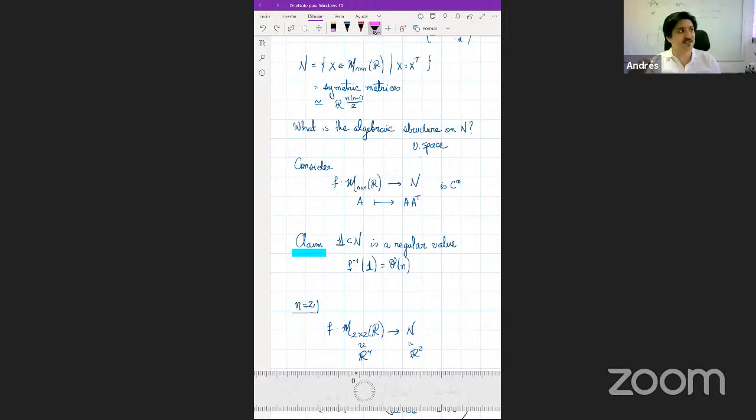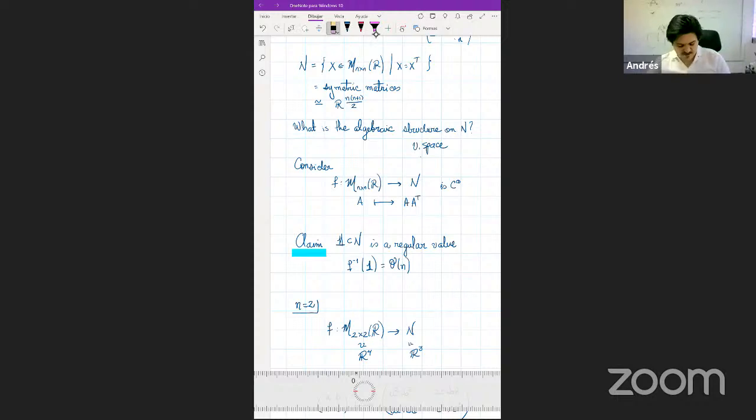It's n times n plus 1, over 2. Simple, because what is a 2 by 2 symmetric matrix? You put a, b, so you need 3 parameters. Yeah, sorry for that. Here is a plus. Okay, then.